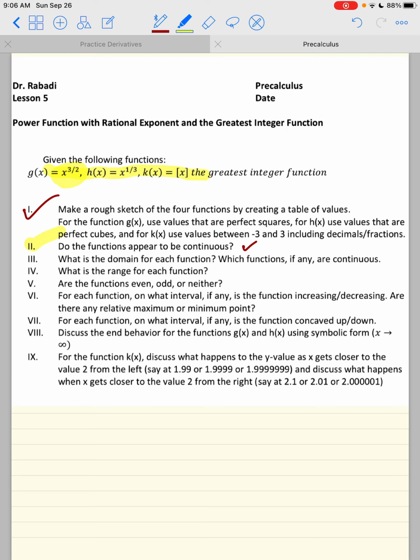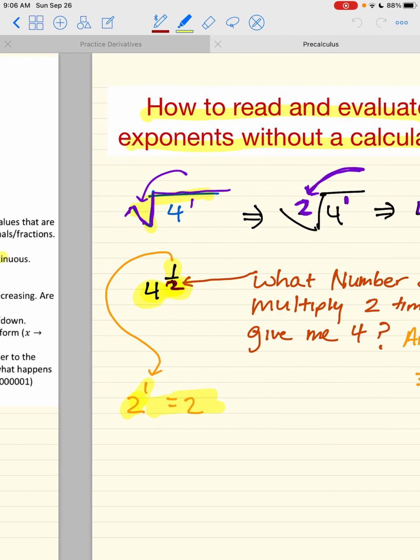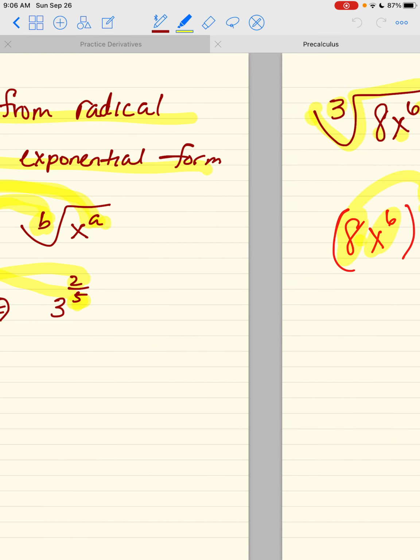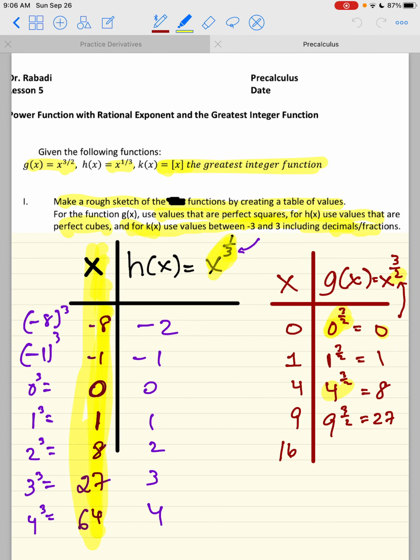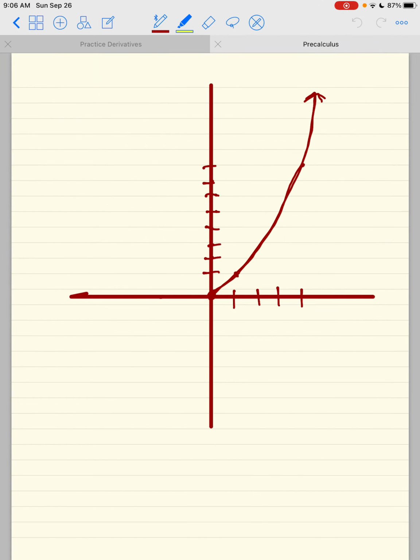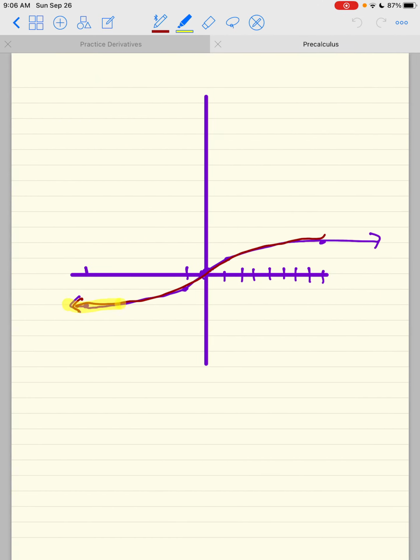Next one. What is the domain of each function? Which functions, if any, are continuous? I already said that. Okay, so we don't have to repeat that. But the domain for the 1/3, I can pick any numbers and I'll get an answer. Take a look at this. I can pick any numbers, any x, and I get it. What is the range, guys?